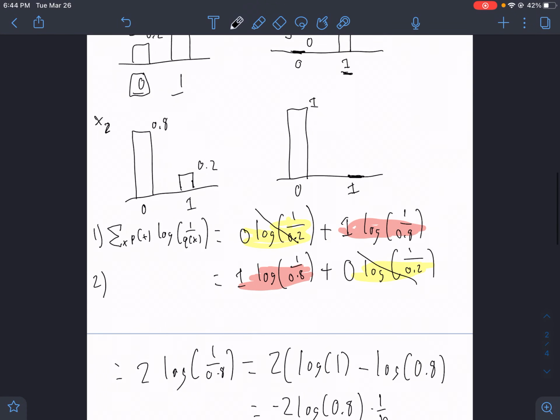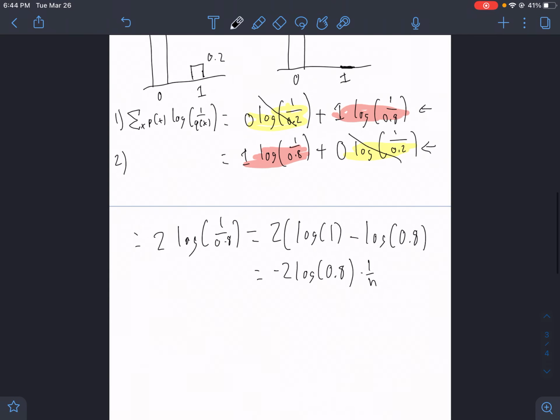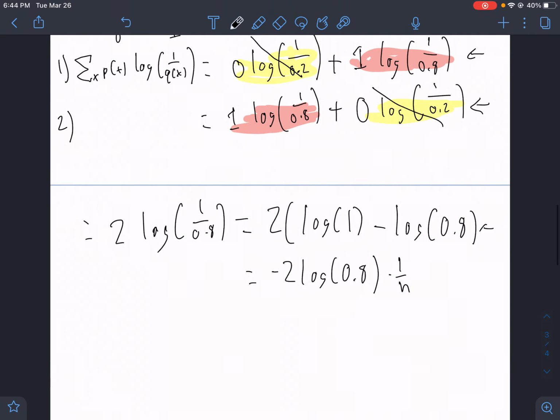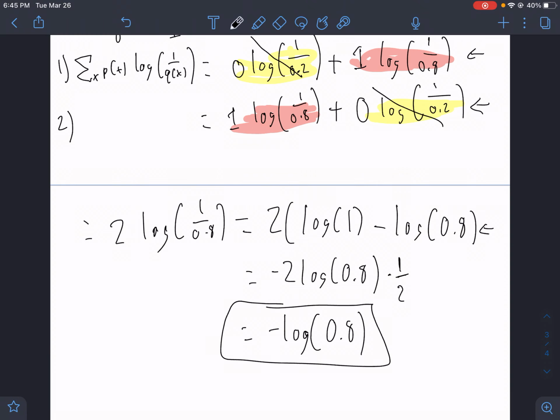I calculated the cross entropy error here, and then I added them up here. But we're trying to find the average cross entropy error, not the sum of cross entropy error. So we need to multiply this by 1 over n, which in this case, n is 2. So we multiply this by 1/2, and we get negative log 0.8. And that is the actual final answer.